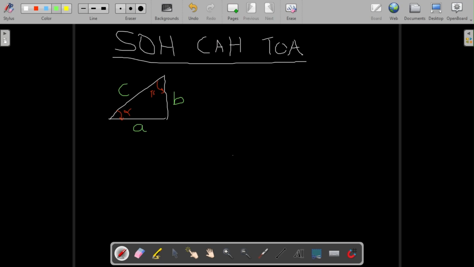So let's concentrate fully on alpha. Right here, I have SOH CAH TOA. SOH means sine, opposite, hypotenuse.